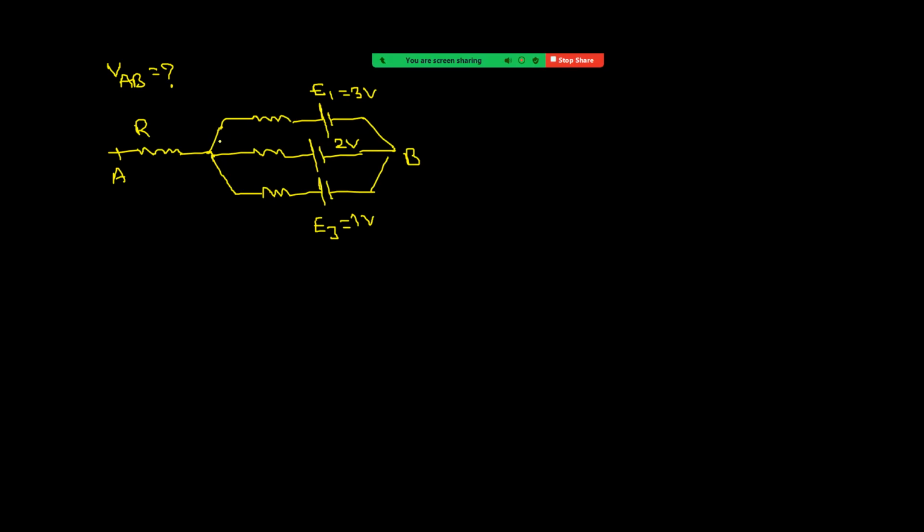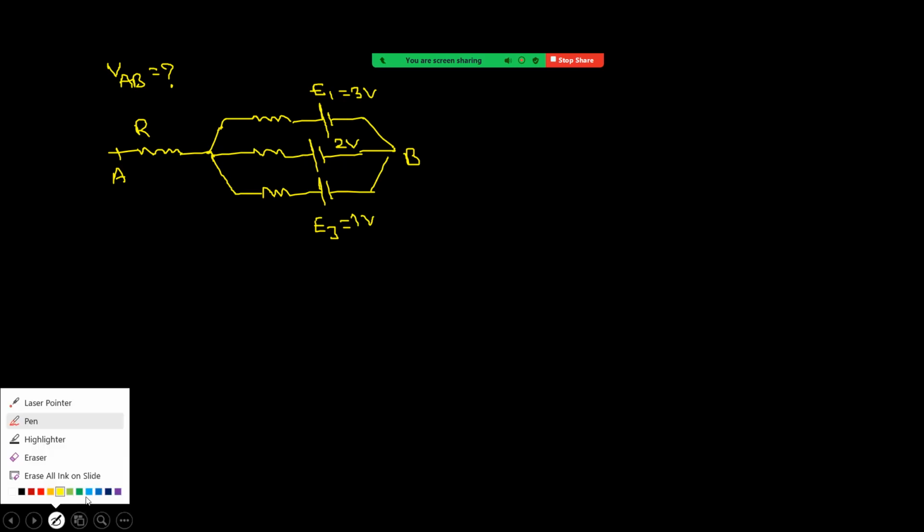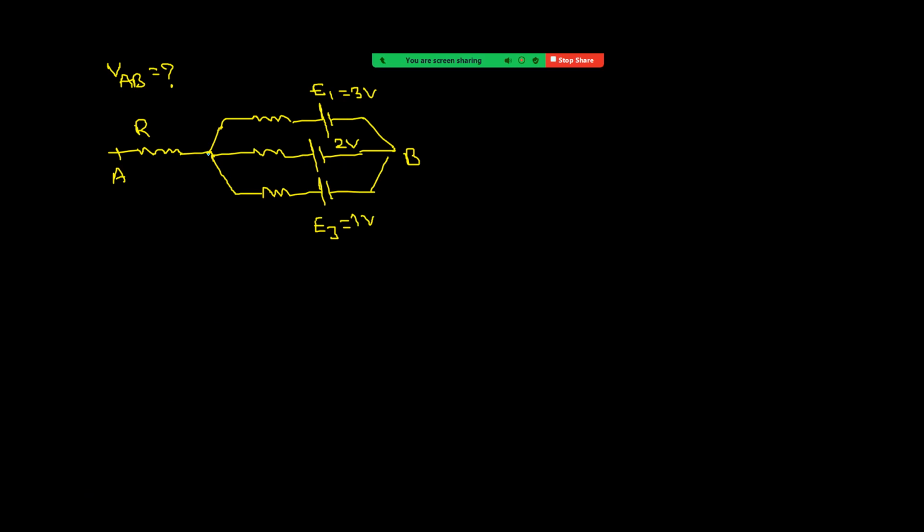Here you can see there is no current flow in this resistor, because this is not a closed loop. That's why, at this point and at point A, the potential is the same since there is no current flow.